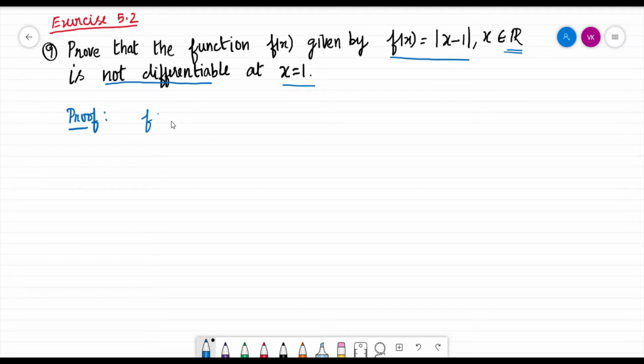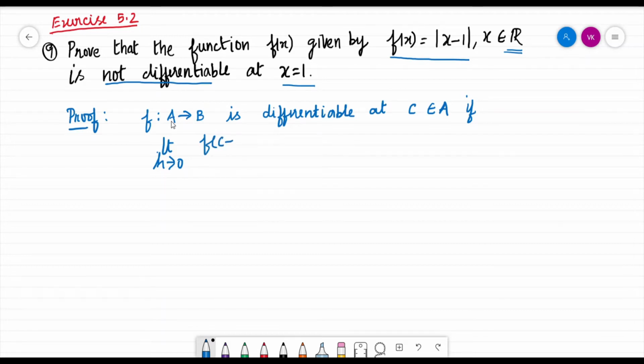A real valued function f from A to B is differentiable at a point C belonging to A if the limit h tends to 0, f of c plus h minus f of c by h exists.